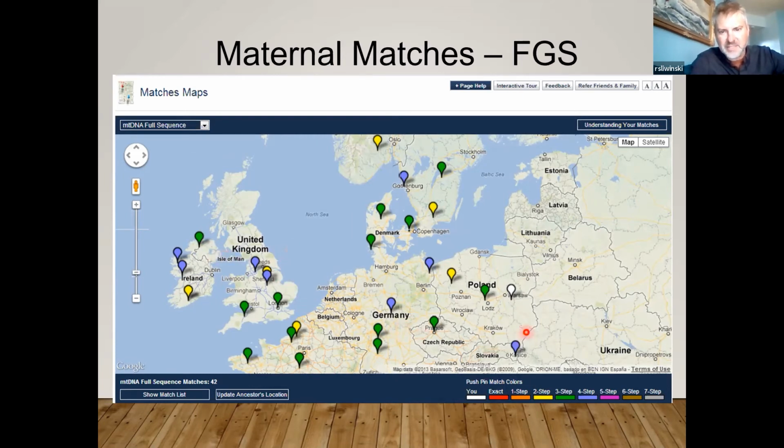But you can still see that at a full genetic sequence, my maternal genetic group is very Northern and Northwestern European, which means to say, how did my maternal line get there? That is my mystery right now. Okay.